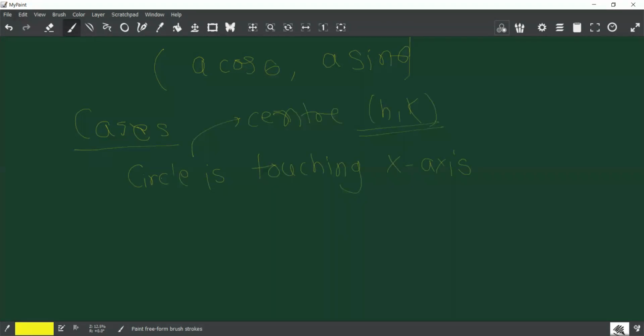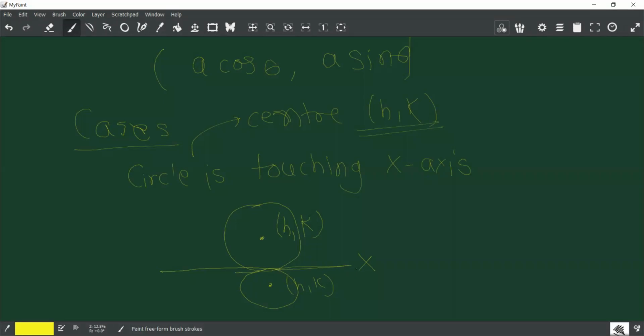If someone gives me the center, what will the radius be? I need the center and the radius, then I can get the equation of the circle in center radius form. The center is given as h, k, and it's touching the x-axis, or it can be like this also. Now correct yourselves.